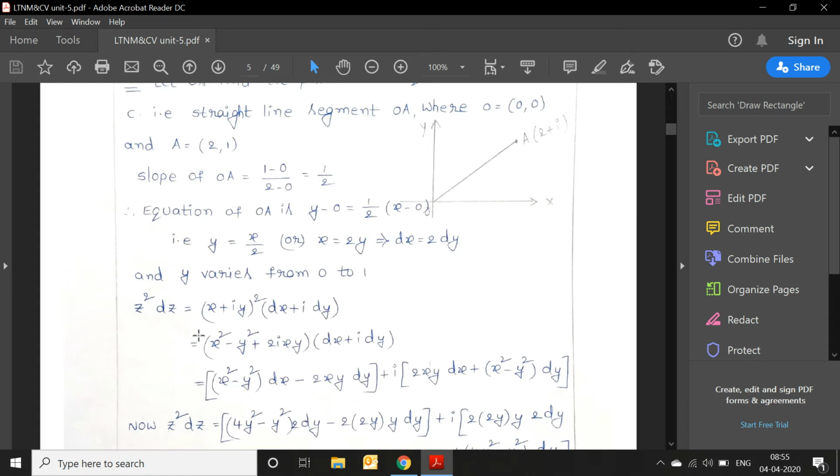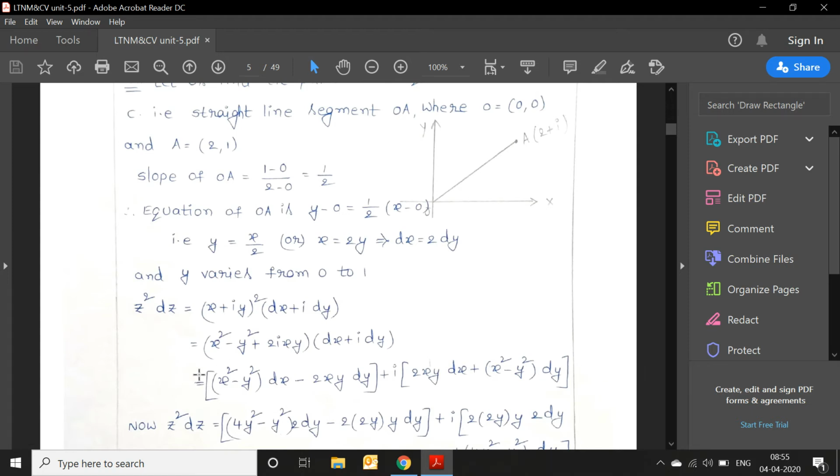Then multiply these two terms, and we get the real and imaginary parts: (x square minus y square) dx minus 2xy dy, plus the imaginary part i into (2xy dx plus (x square minus y square) dy).